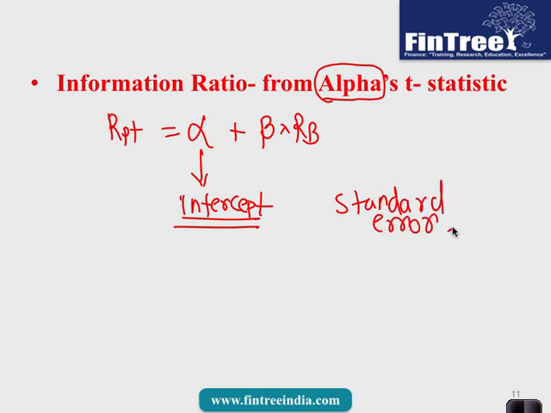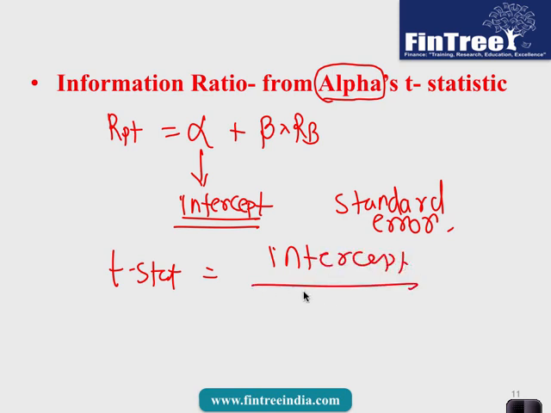Now what if we have to perform a significance hypothesis test for the intercept? Then the formula would be: whatever intercept you have calculated, t stat is equal to that intercept divided by standard error. So it is actually intercept minus hypothesized value, but since the hypothesized value is 0, we will simply say intercept divided by standard error.